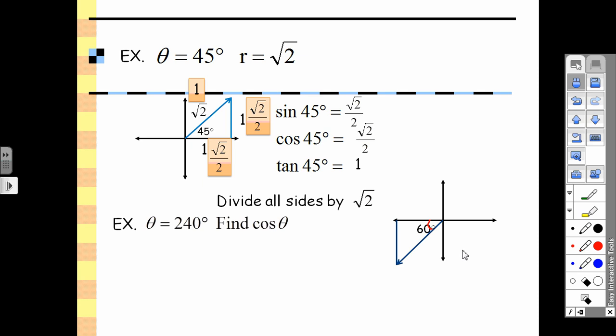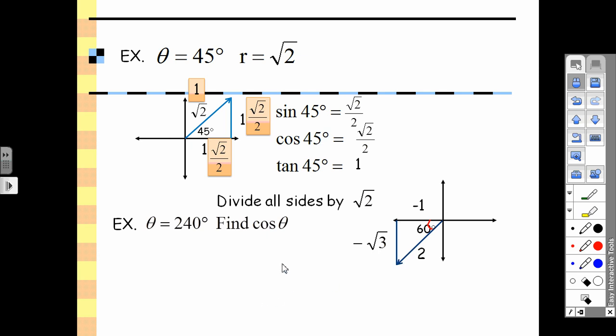So once we know that that's 60 degrees, now we can fill in the side lengths based off of our 30, 60, 90 special triangle. So the side opposite 60 is going to be root 3, the side opposite 30 is going to be 1, and hypotenuse is 2. But we have to remember to put the negative signs because we're over here in the third quadrant. So x is negative, y is negative, but remember hypotenuse is always positive.